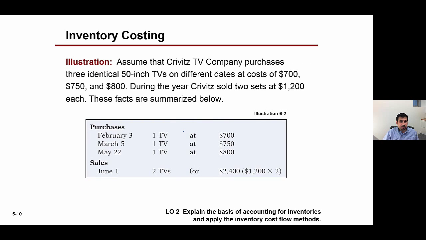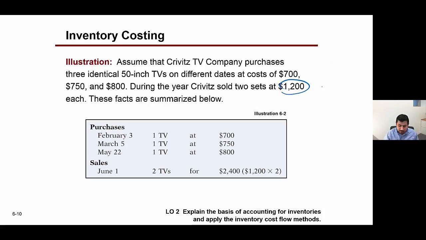So, for example, let's take this example. Assume that Crevets TV company purchases 3 identical TVs. So we have TV 1, TV 2, and TV 3 that were purchased at different dates, and as a result they were also purchased at different prices. So during the year, the company sold 2 TV sets for $1,200 each.